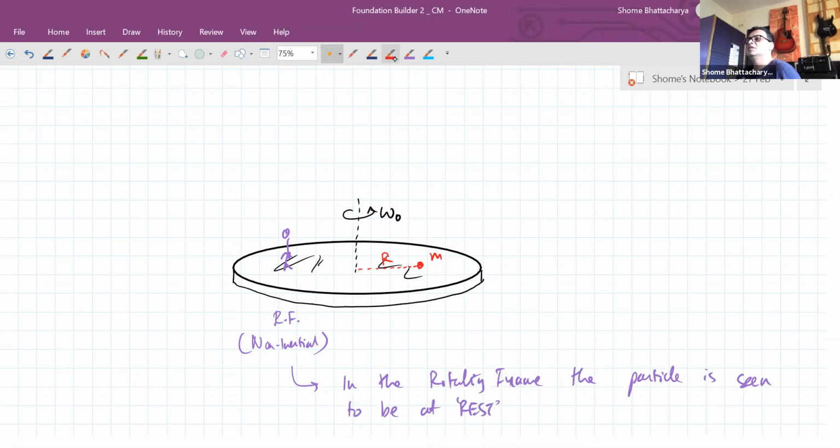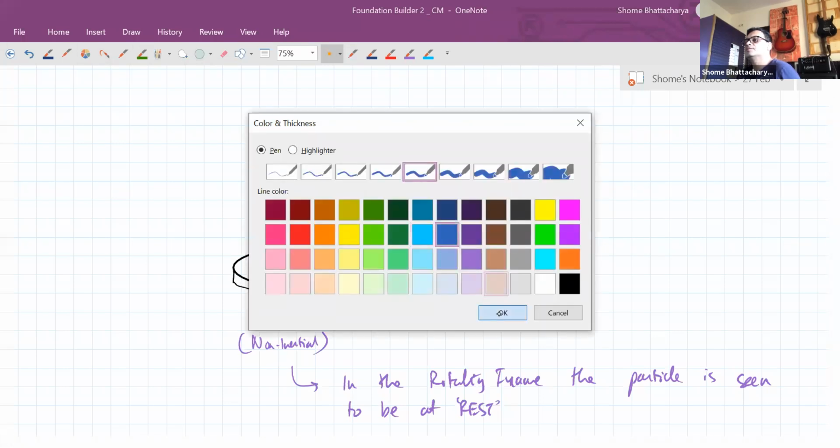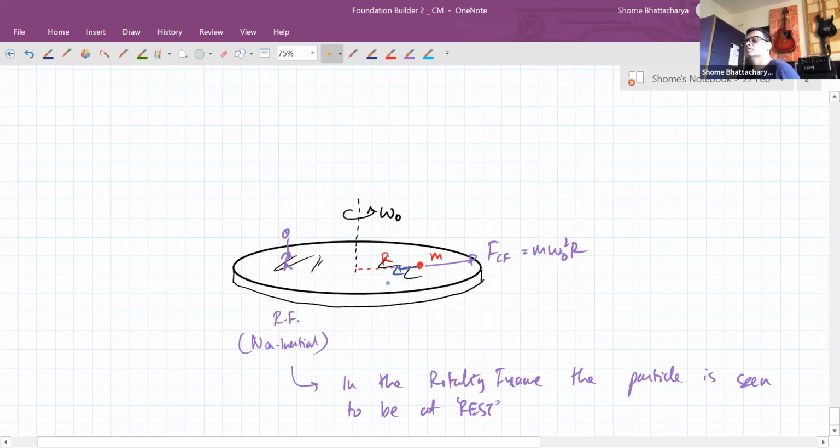Okay. But remember, there is a centrifugal force acting on the particle, and that centrifugal force will be in this sort of direction, and that will be m omega naught square r. So that centrifugal force has to be balanced by friction. Whereas normal reaction and mg act in the vertical plane.